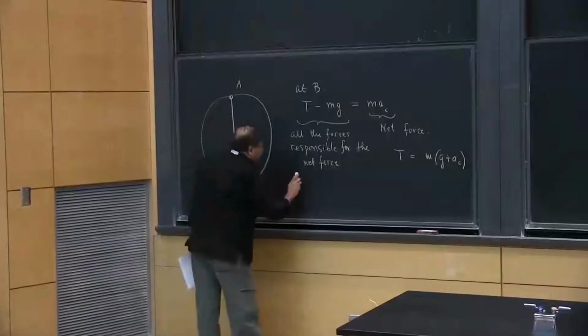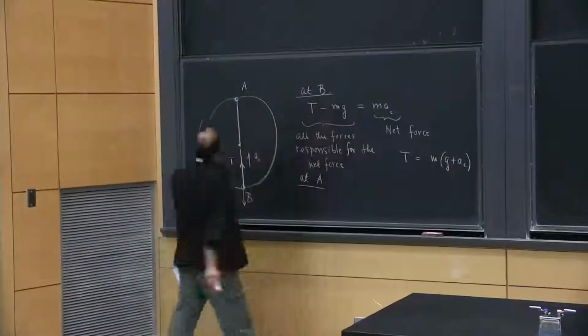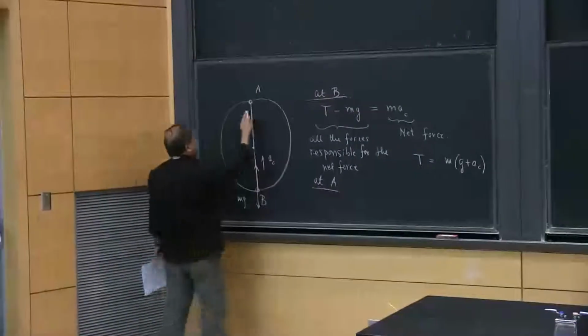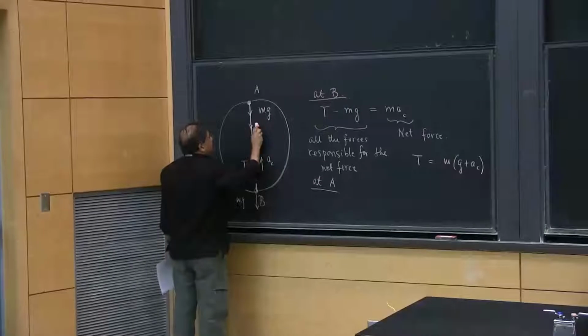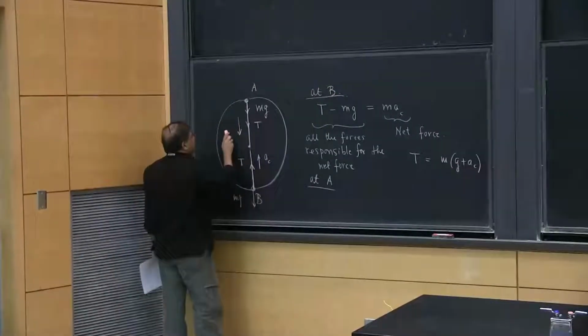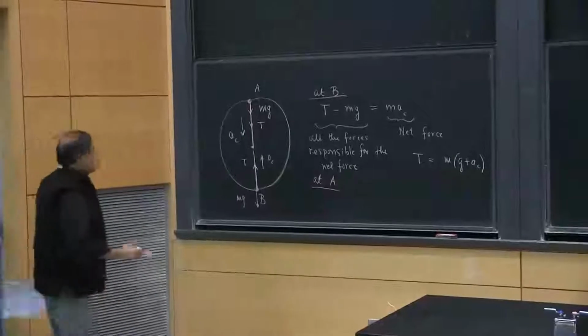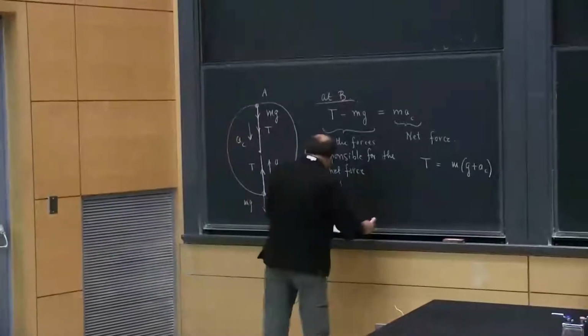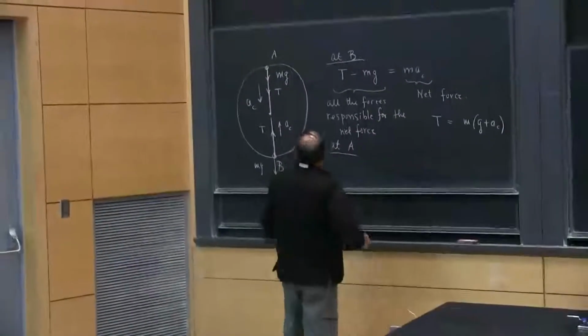So at point A, what happens? You have an interesting situation. All the forces are downward. mg is downward, T is downward, and ac is also downward because ac is toward the center. Let's say everything downward is plus.